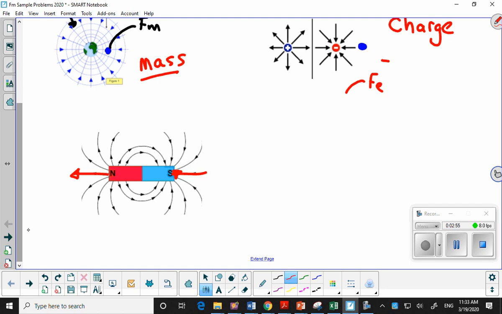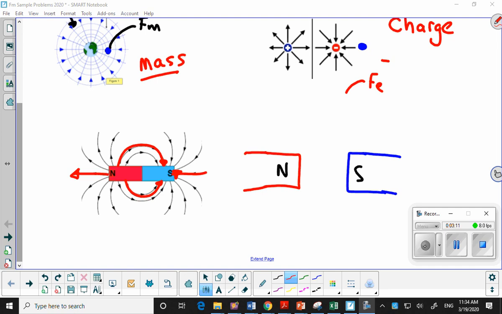Then it curves around kind of funny, and it even goes around from north to south in the area up close. It curves around on the outsides because of, again, the nature of the interacting poles. Most of the time, though, when we start to consider these fields, it's going to be in a situation like this, where we have the north end of one magnet here and the south end of a different magnet over here.